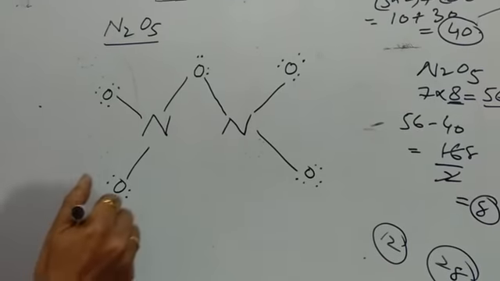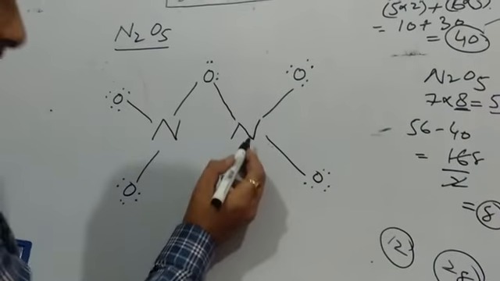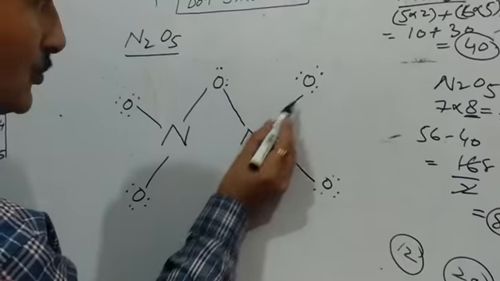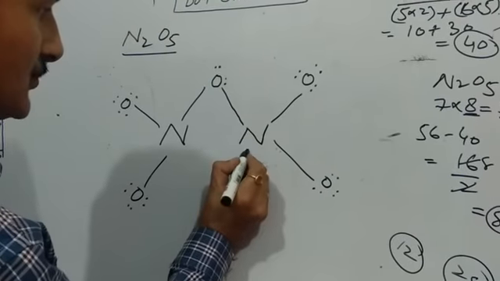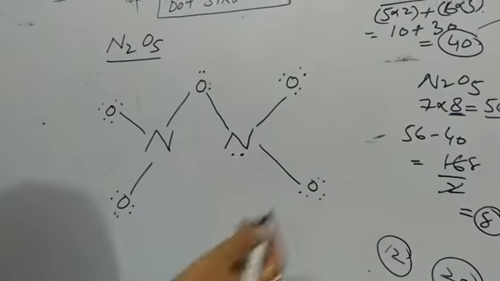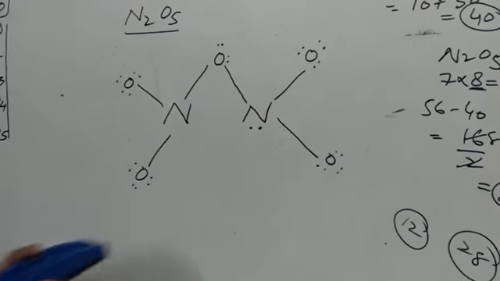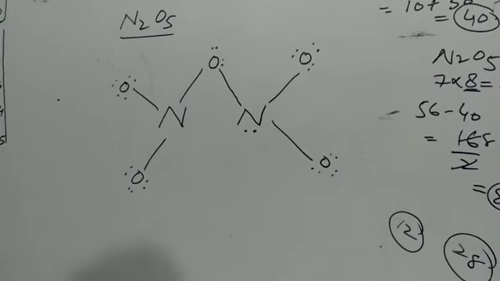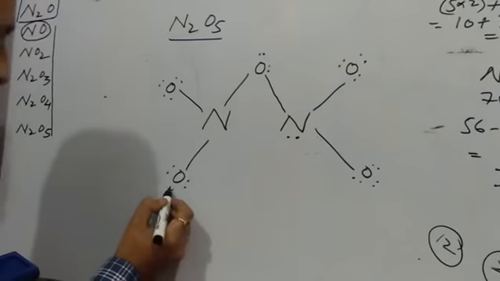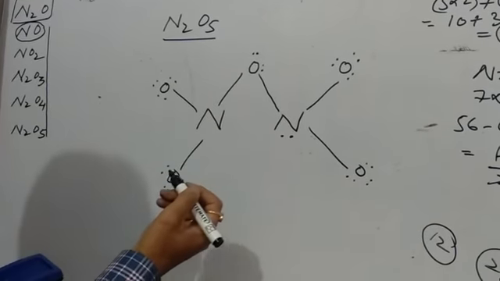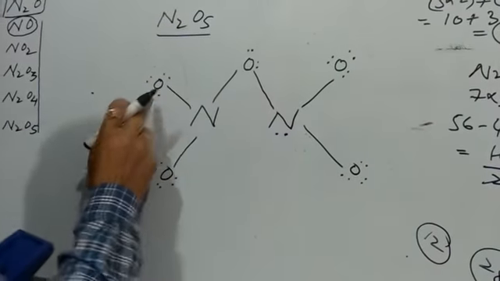What about this nitrogen atom? 2 plus 2 plus 2, we can place 2 here, so that 40 electrons are consumed. Now let us see whether all these atoms have become stable or not.